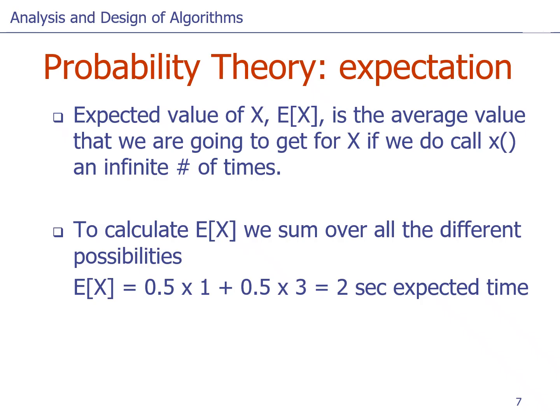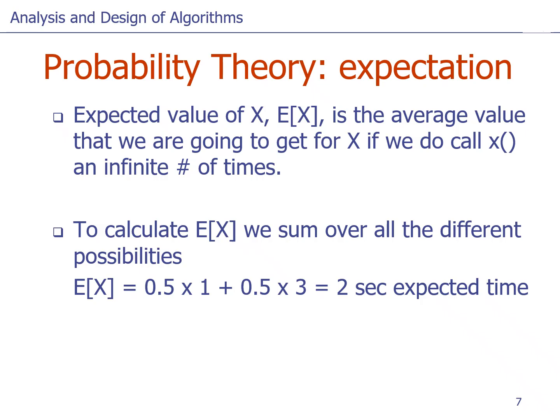Now, to calculate E of X, what we do is we multiply the probability of the value by the value, and then we add up all the options we can get. So the probability of getting 1 is half, plus the probability of getting 3, which is half, will give me 2 second expected time. Now notice that this method will never take 2 seconds in reality. It either takes 1 second or 3 seconds.